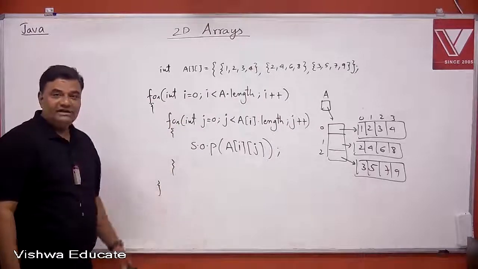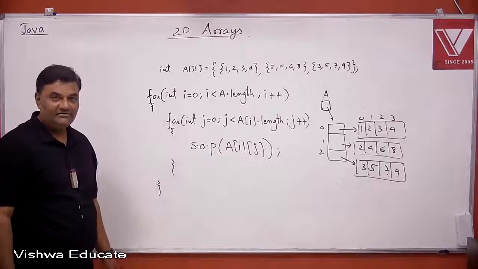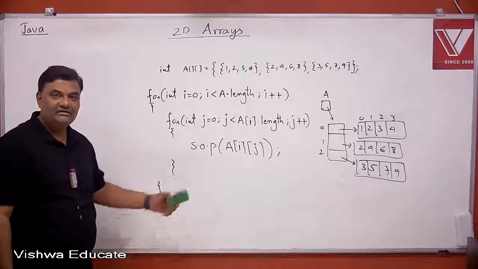So this is how you can access a two-dimensional array. This is one method.